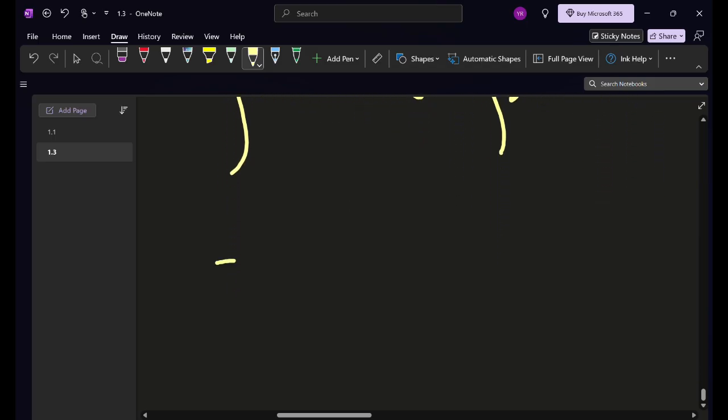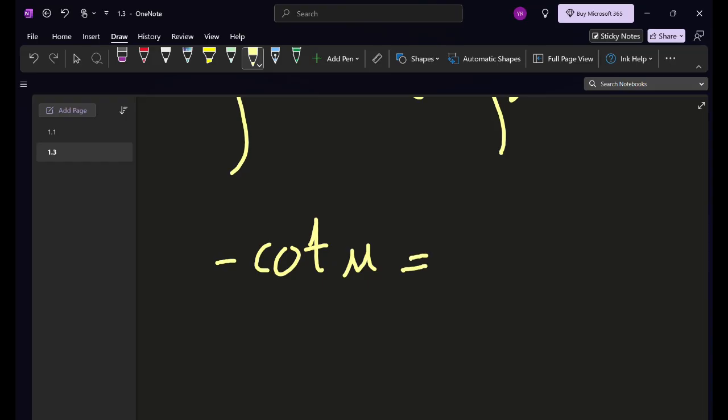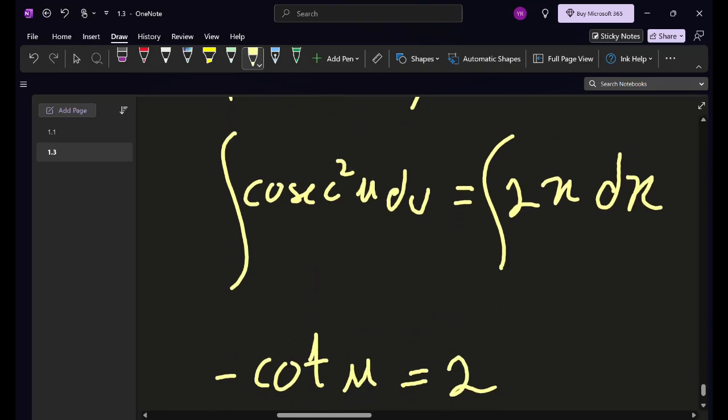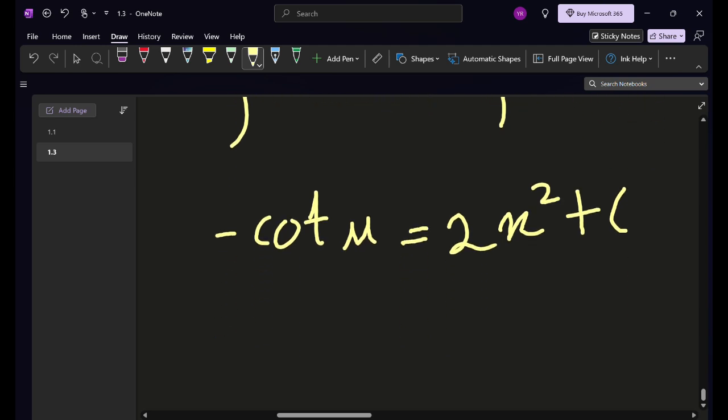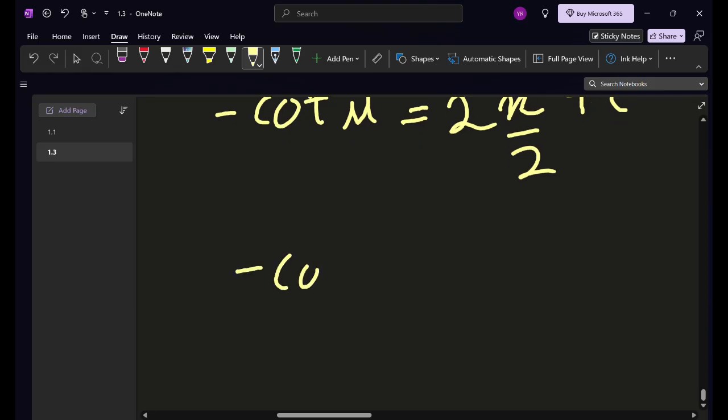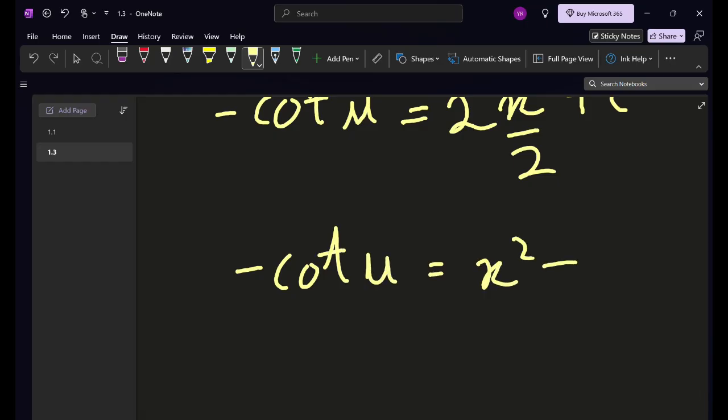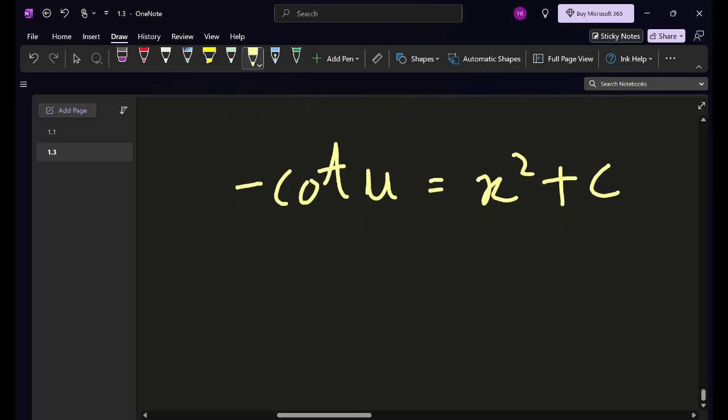Now we know the integration of cosec squared is minus cot u, so we can write it as minus cot u is equal to 2x square by 2 plus c, and then x square plus c. So this can be written as minus cot u is equal to x square plus c.